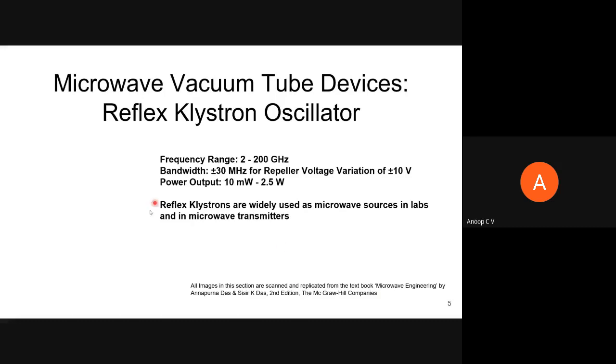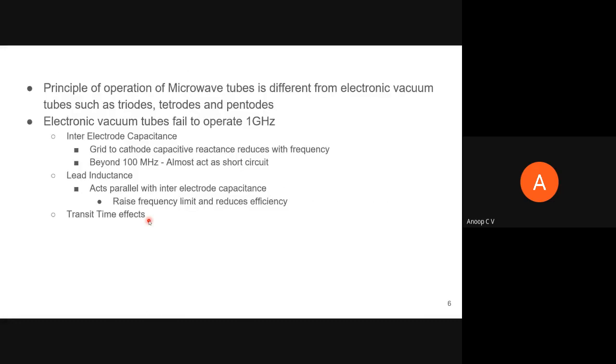But whatever materials, figures and steps I have put in this slide, I have scanned and replicated from that textbook, so you can use this as material. I have put it as bulleted points, but I've covered almost everything required for your syllabus. So first, we have seen why conventional vacuum tube devices fail to operate at 1 gigahertz.